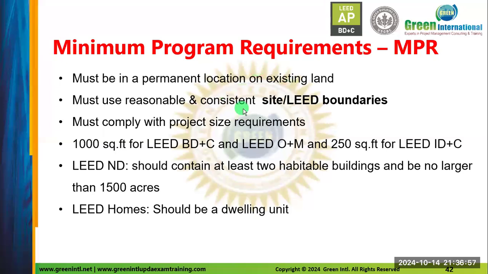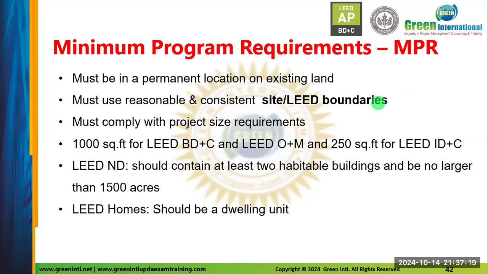It must have consistent LEED site boundaries, and we say reasonable, consistent. Remember these words, very important. Reasonable, consistent site boundaries. You know the word gerrymandering, like you are stealing the area: this is part of my site, this is not. Of course, this is not the way to work.